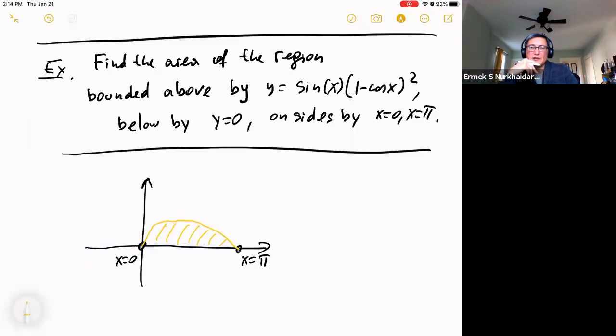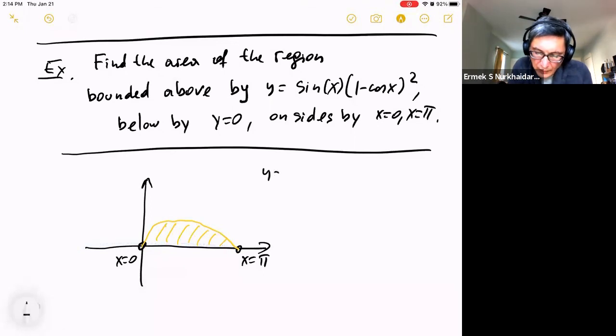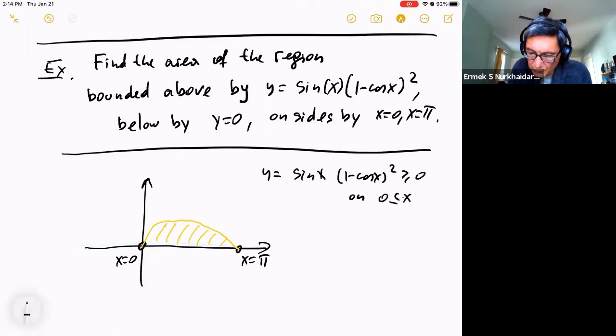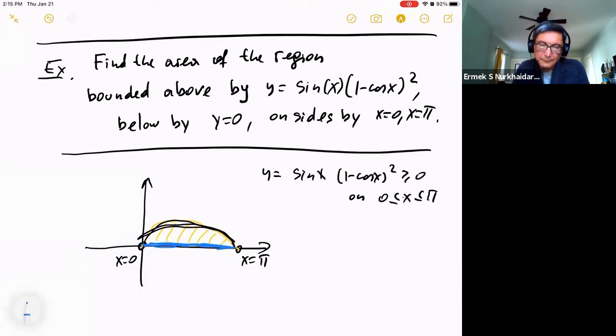What I realize is the following: y equals sine x times 1 minus cosine x squared is greater or equal than 0 on interval x between 0 and pi. And that's what I sketched right here. Something positive. I'm not even concerned about the shape. On the bottom, I put y equals 0.